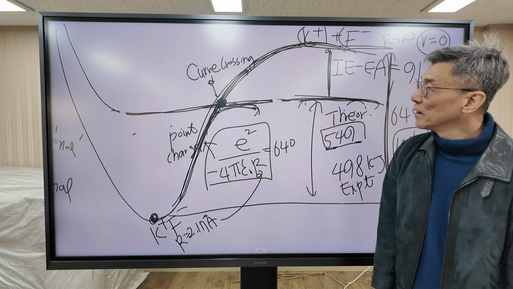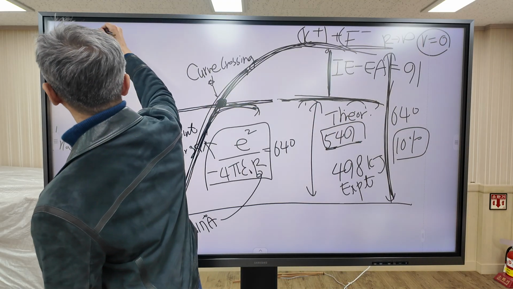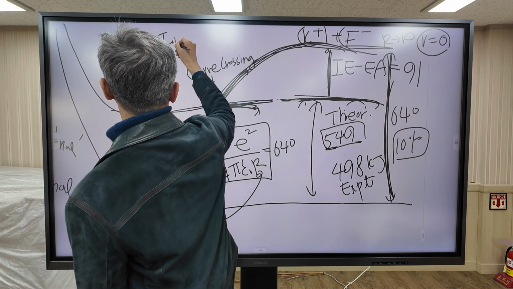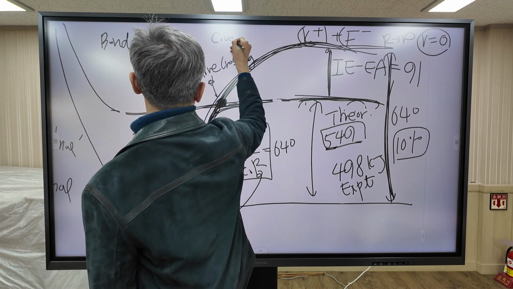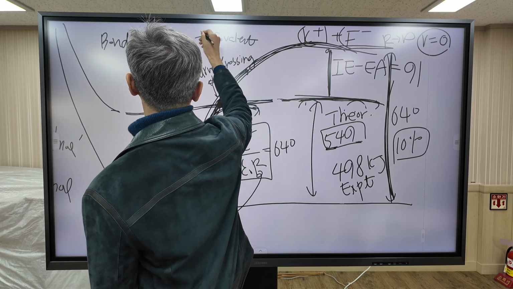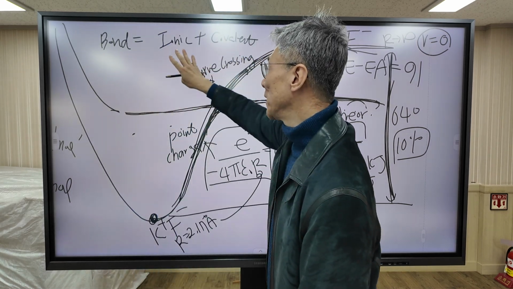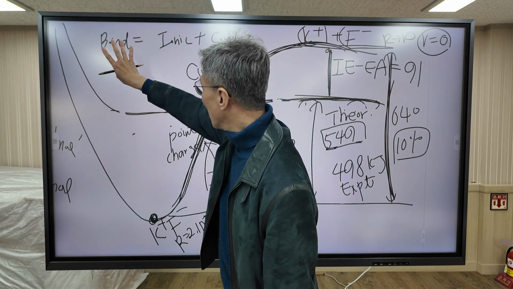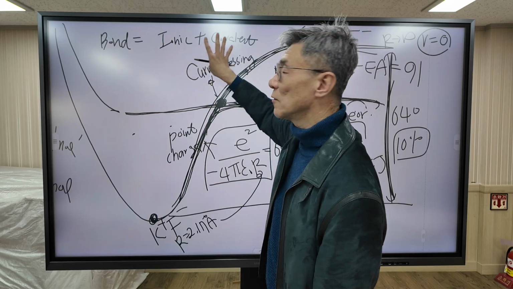And secondly, as I said before, all bonds are a mix of ionic and covalent. As I said last time, perfect ionic bond does not exist. All bonds are a mixture of ionic bond and covalent bond.